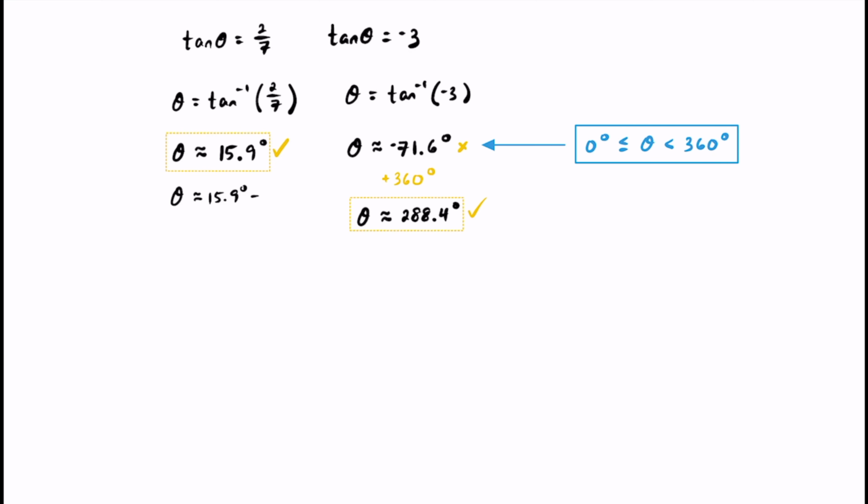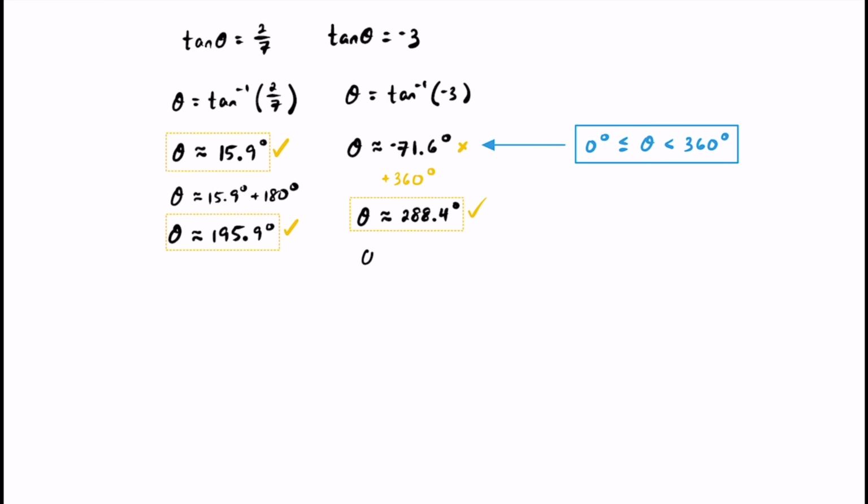I'm just going to go ahead and say that we can also add 180 degrees here, just because subtracting 180 will take us out of this 0 to 360 range. So adding on another 180, theta is also equal to 195.9 degrees. This would be our third solution between 0 and 360 degrees.